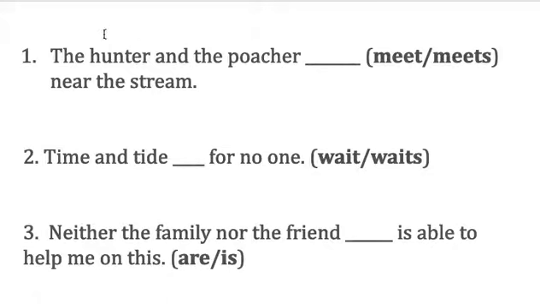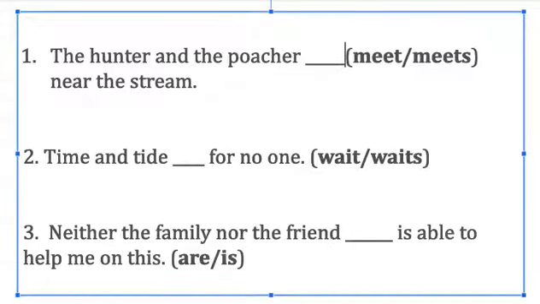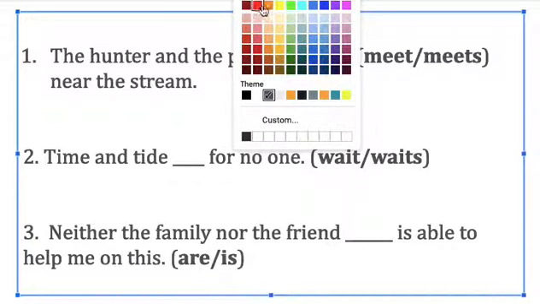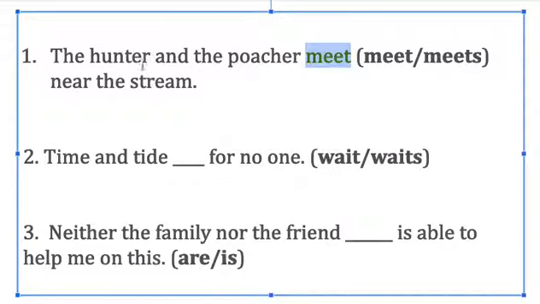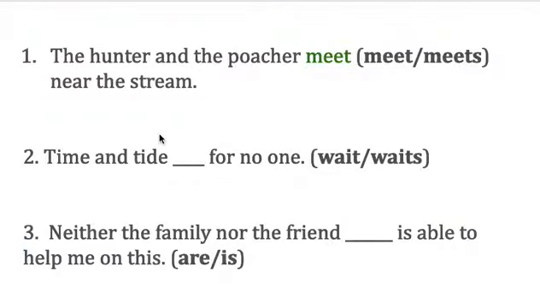So here the hunter and the poacher, should it be meet or meets? Plural subject, plural verb. So we say the hunter and the poacher meet near the stream. So I will choose the answer to be meet. Understood? Let's go to the next one.